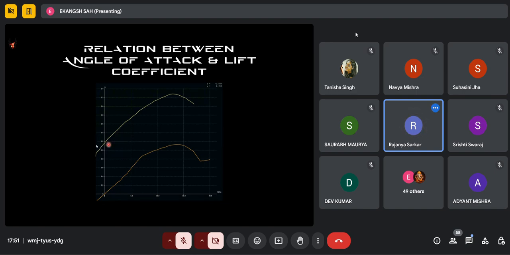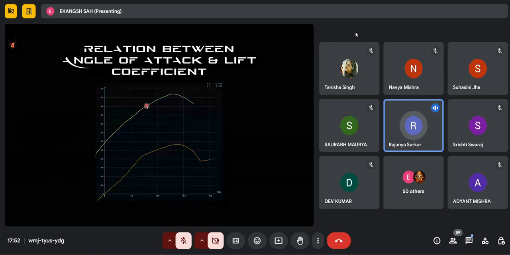So as we can see, we have a positive y-intercept in case of the upper curve, and the lower curve is producing zero lift at zero angle of attack. So the curve that has a positive y-intercept will be an unsymmetric airfoil, and the one with zero y-intercept will be the symmetric airfoil.